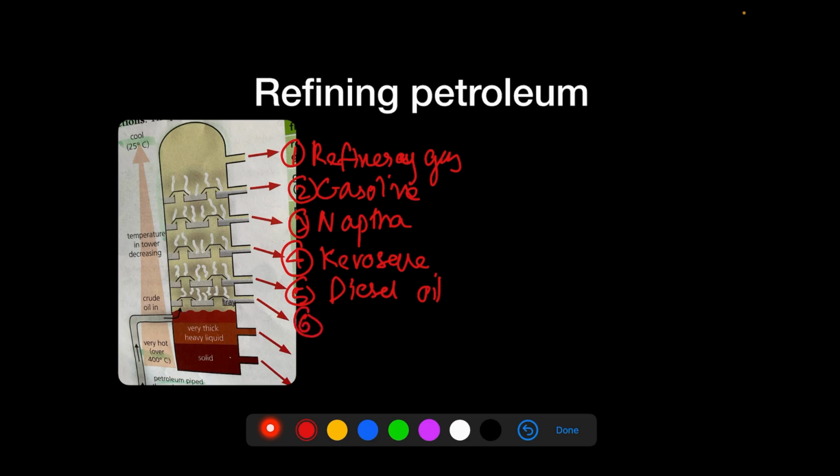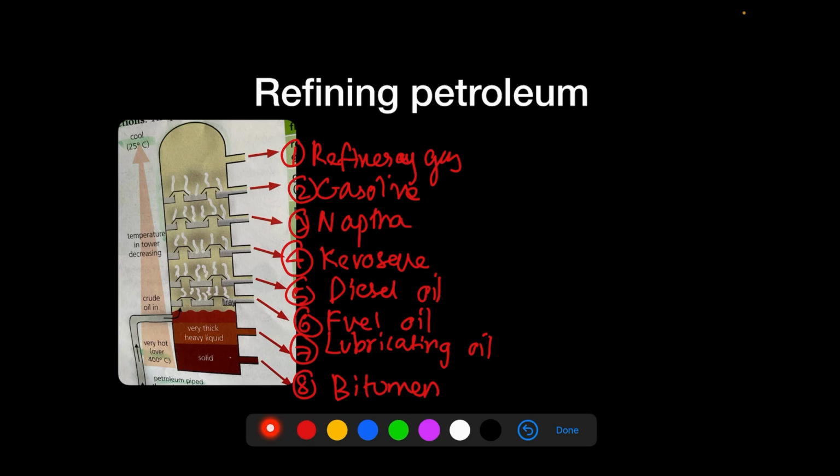A sixth fraction is fuel oil, which is used for fuel in ships and home heating systems. A seventh fraction is lubricating oil. It's used for lubricants, waxes, and polishes. And the final eighth fraction is bitumen, which is used for making roads.